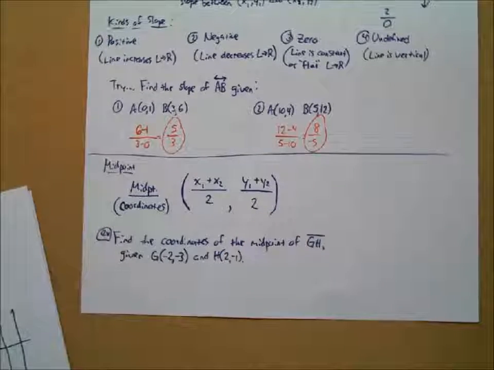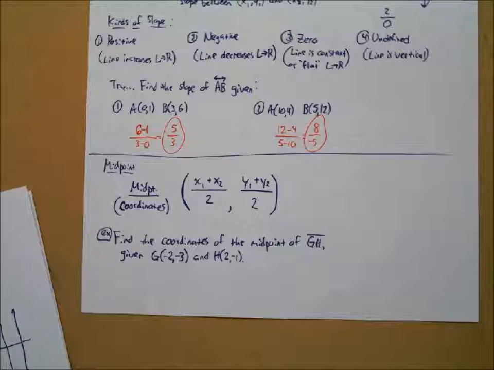Now we're thinking 2-dimensionally. On the warm-up, we were thinking 1-dimensionally: what's the midpoint between this number and this number? Now we want to find that midpoint in 2 dimensions.